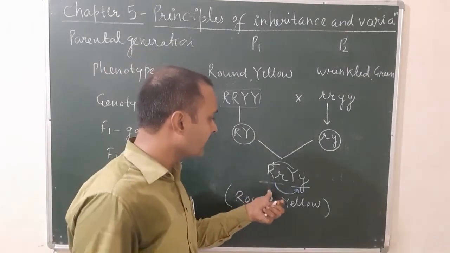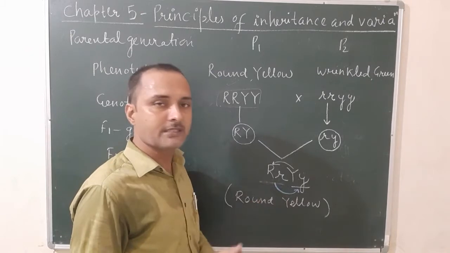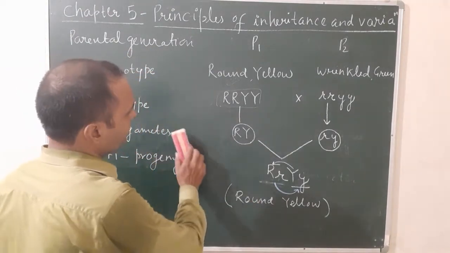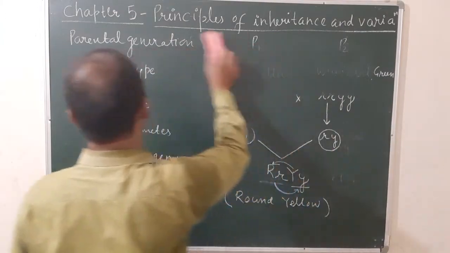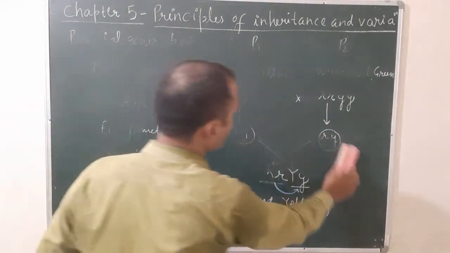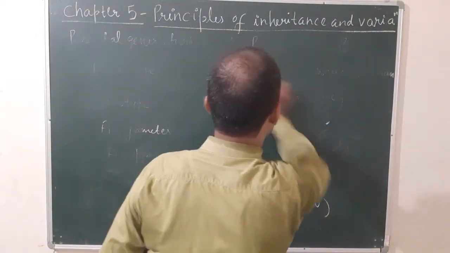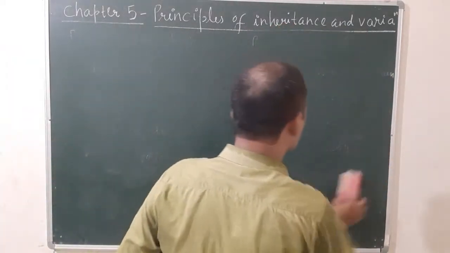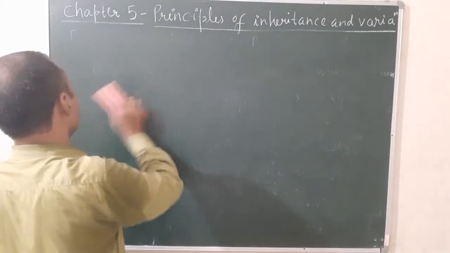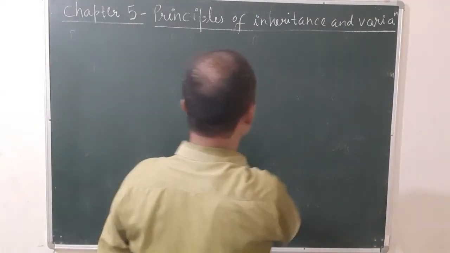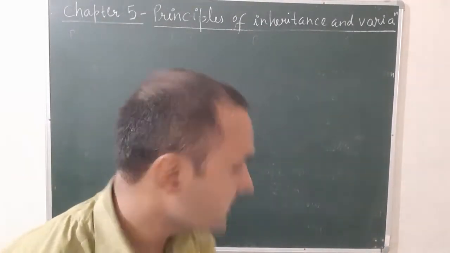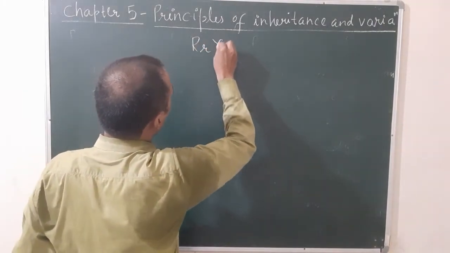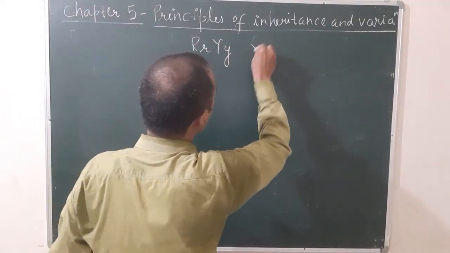So after selfing, you will find the gametes. Okay. So let us see. Continue. We will write downside. So you will go to the F2 gametes after selfing. What is selfing? In this case, the genotypes of the parents are same. So let us see. Capital R, small r, capital Y, small y.